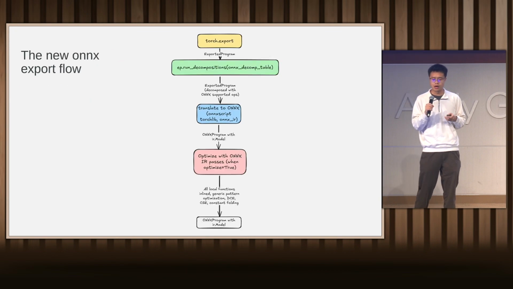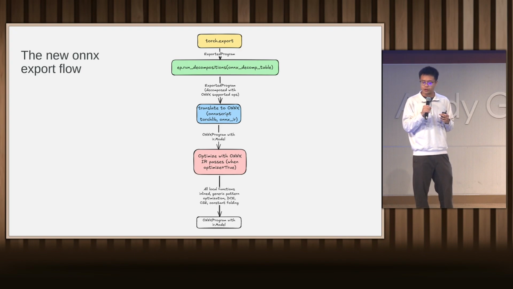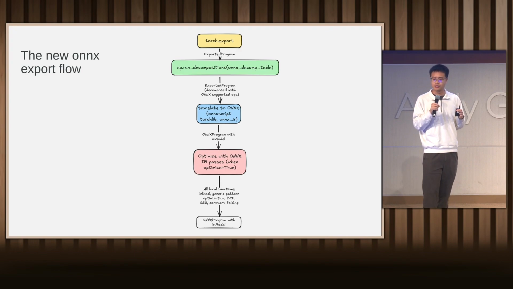Now, the new ONNX export flow looks like this. First, we leverage the new torch.export API that captures an exported program to describe the model behavior. We run decomposition with an ONNX decomp table, which essentially transforms the exported program into something we have implementations for with ONNX ops.